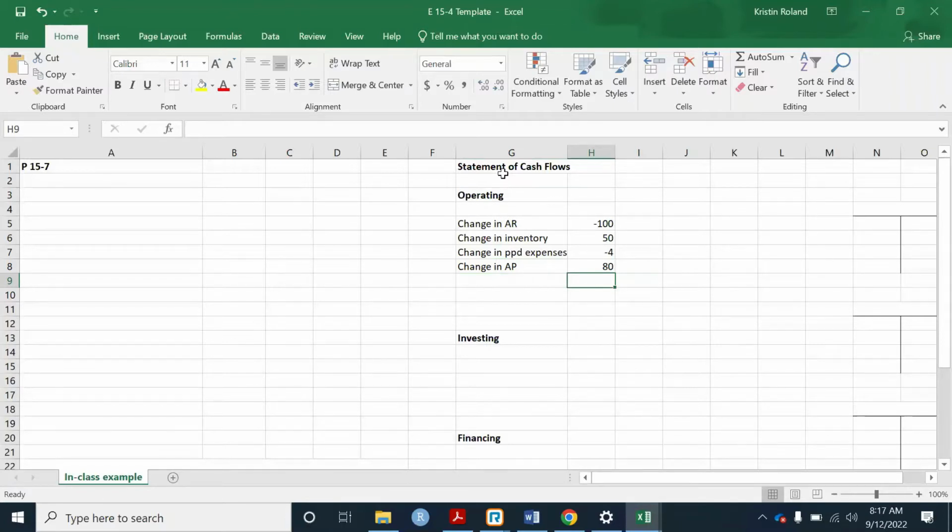What section is that going to go in? Operating. Am I going to add it or subtract it? Because it goes in the same direction. Okay, income taxes payable. What section? Operating. It's another current liability. Are we going to add that change or subtract it? Right, good.